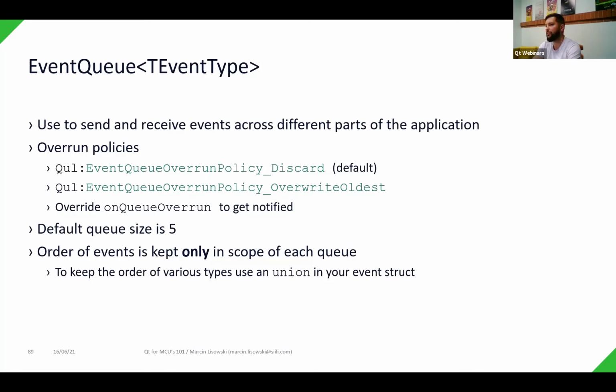If you have an event queue sending one type of message, the order is kept in this one. But if you have a separate event queue with a different type of event, then the order is undefined, and you cannot rely on that without any custom synchronization.